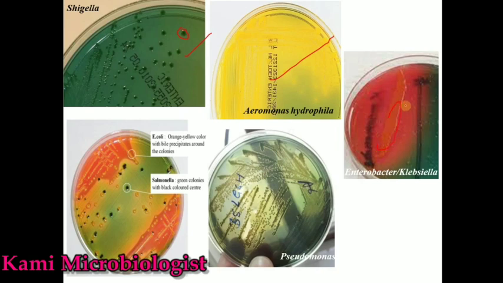Mostly both are the same, but Klebsiella usually produces mucoid colonies as compared to Enterobacter. Then we have Pseudomonas, as you can see, irregular colonies. And we have E. coli, with salmon, orange-like color. And we have Salmonella, which produces green colonies with black center.